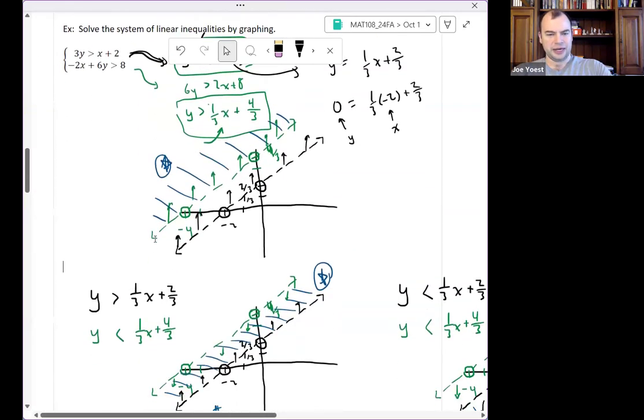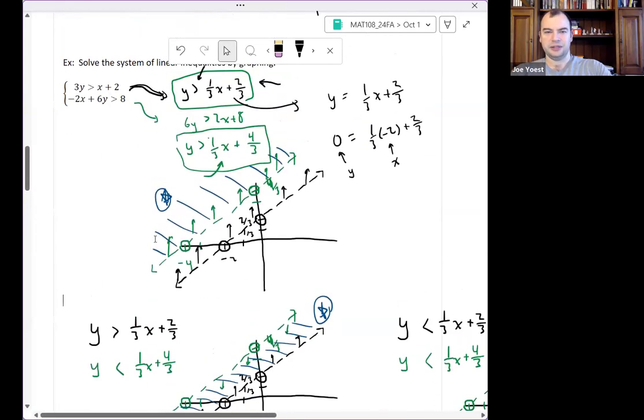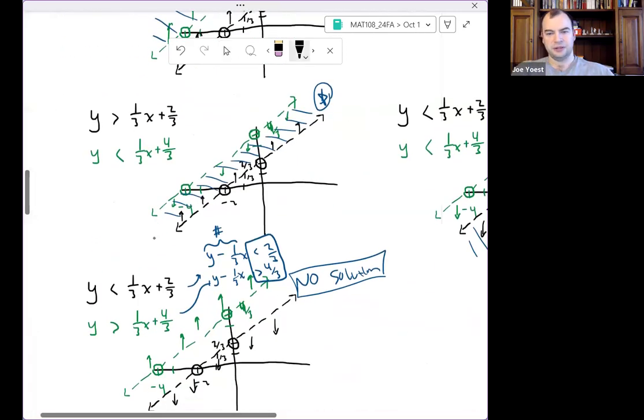Because really what we have is the same number on the left-hand side. This XY coordination is the same in both inequalities, so it just represents one number, where we're at along that axis.